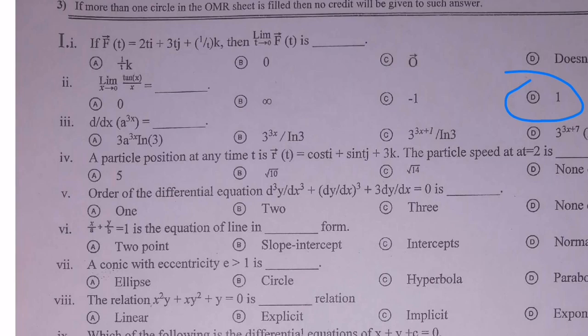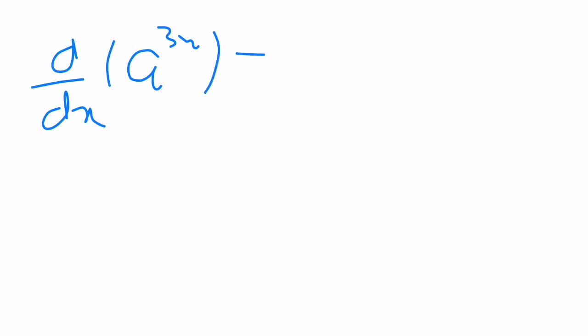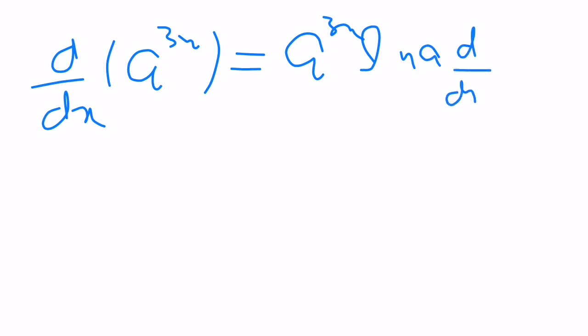Derivative of a power 3x is equal to what? We know that the derivative is equal to a power 3x natural log a and derivative of 3x.